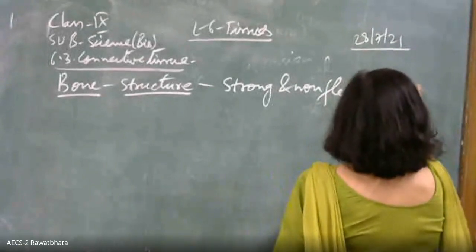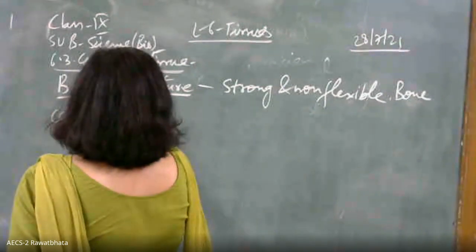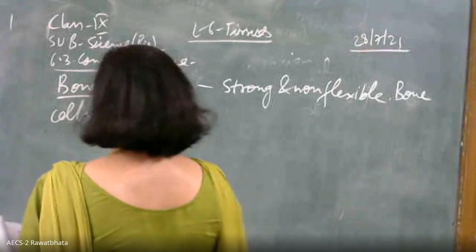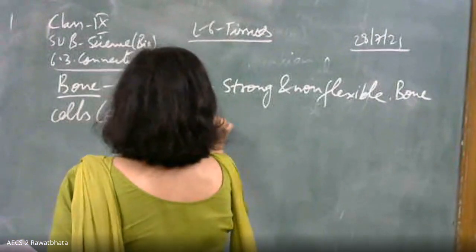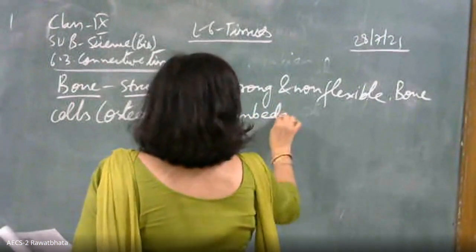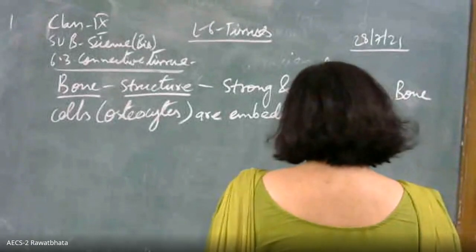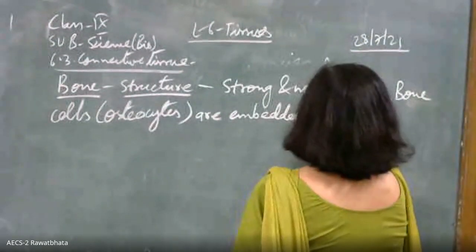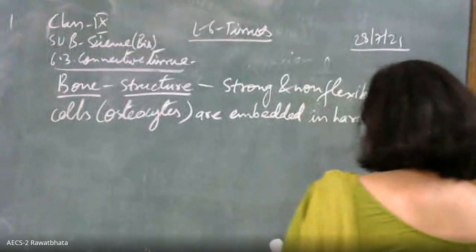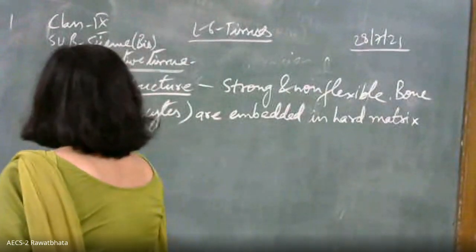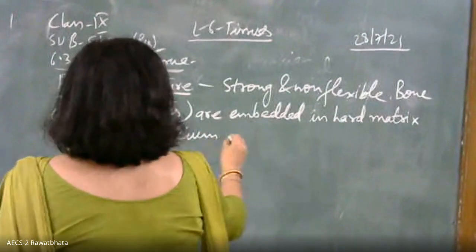Bone cells, that is the osteocytes, are embedded in hard matrix made up of calcium and phosphorus.